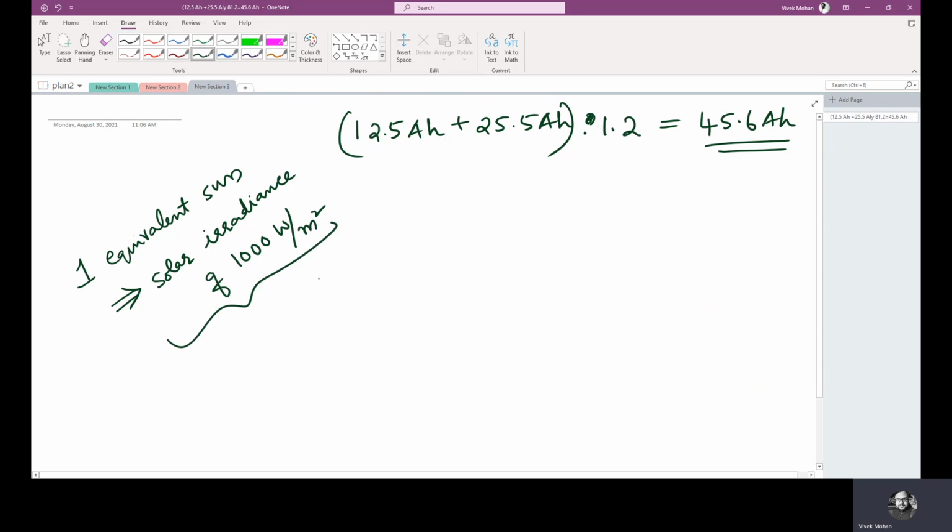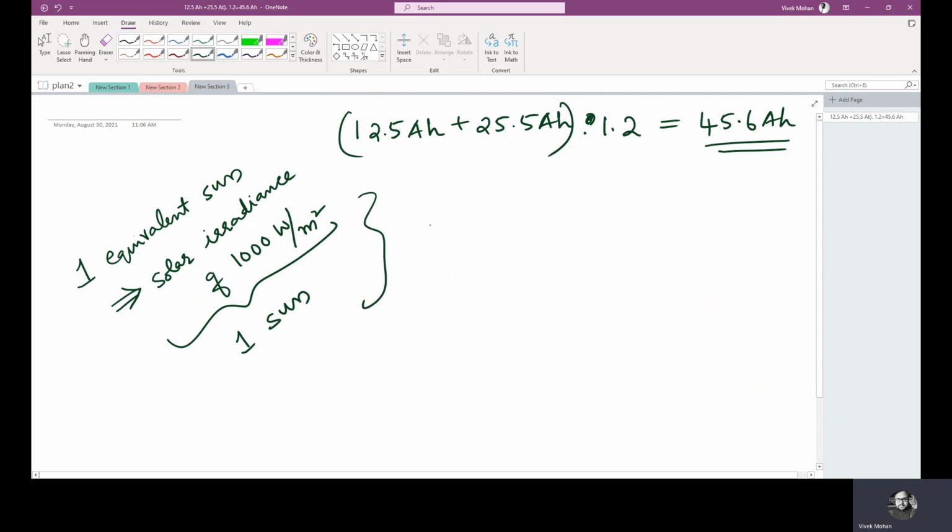This value corresponds to the standard at which the performance of solar cells and modules is determined. Now, that is, the rated parameters of the modules are determined at the solar irradiance of one sun. Okay. Now we'll see an example.